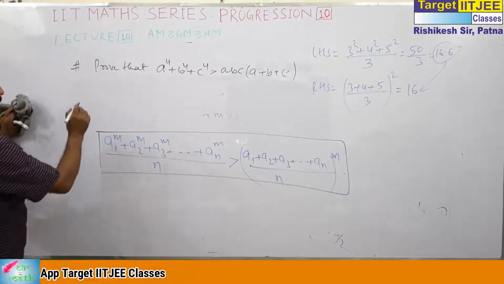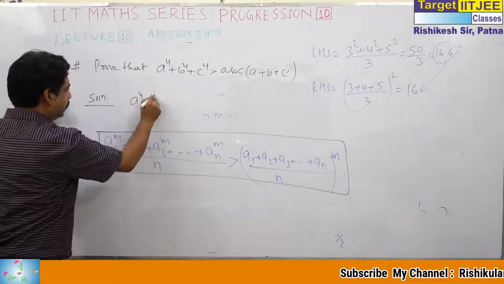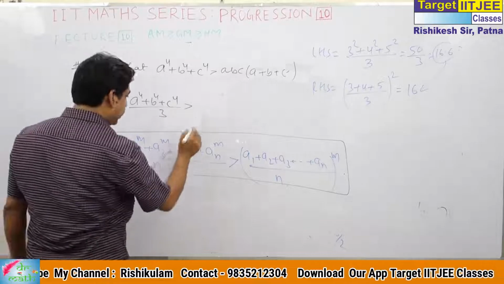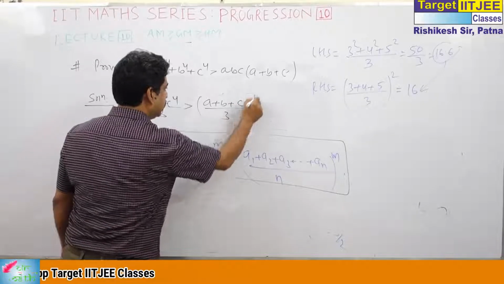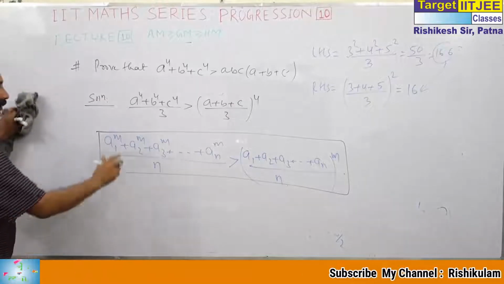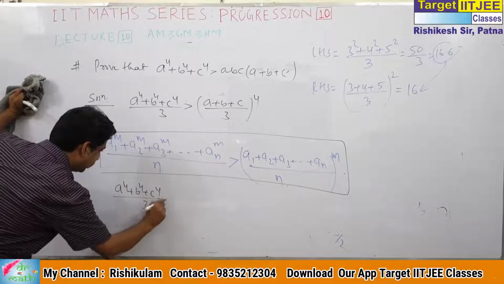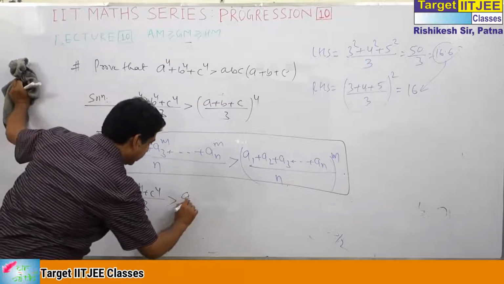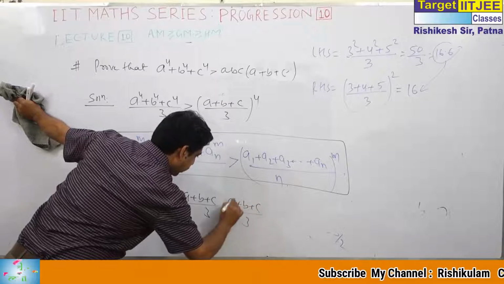How do I use it? First of all, we have (a^4 + b^4 + c^4)/3 greater than ((a + b + c)/3)^4. This is the result: first take power, then find the mean, with m equal to 4. So we can write (a^4 + b^4 + c^4)/3 is greater than (a + b + c)/3 times ((a + b + c)/3) whole cube.